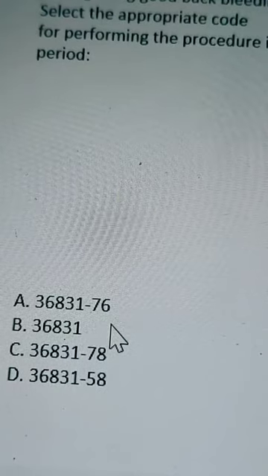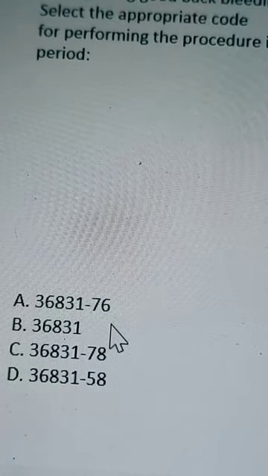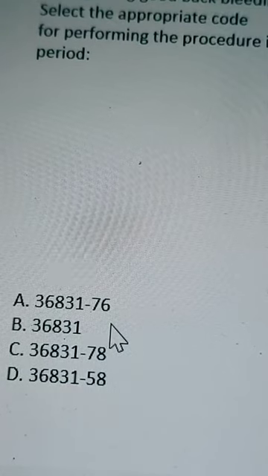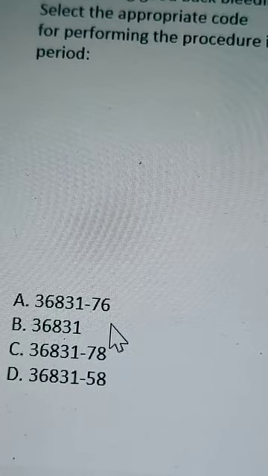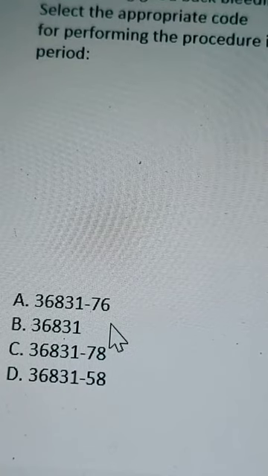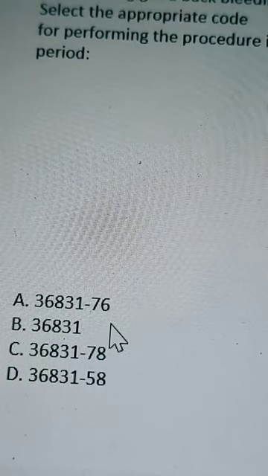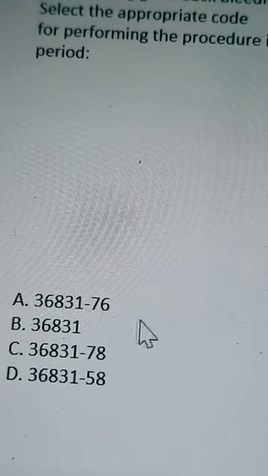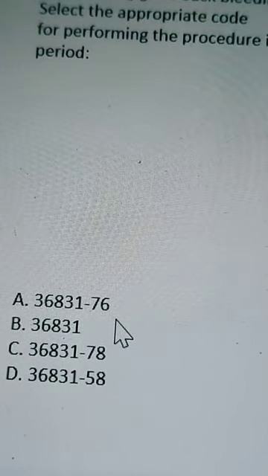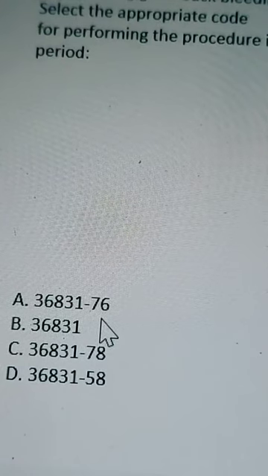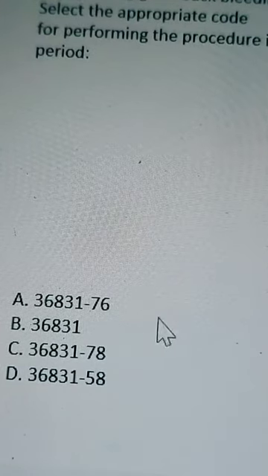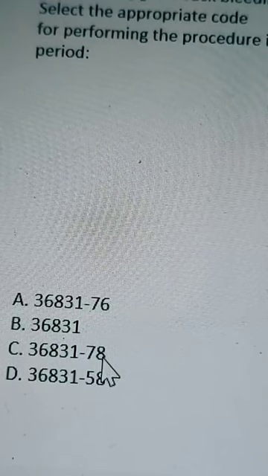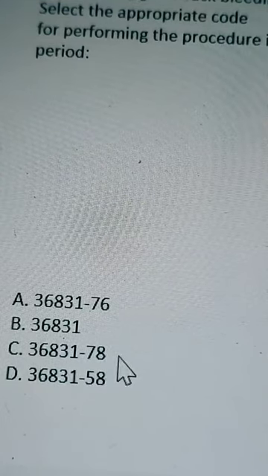76 says repeat procedure. I'm going to look at 78 because I can remember 2 at a time, and one of them is unplanned return to the OR. 58, if I can remember it, is staged. But I try to do just 2 at a time, but sometimes I can remember them all. Just depends. So 78 is unplanned.